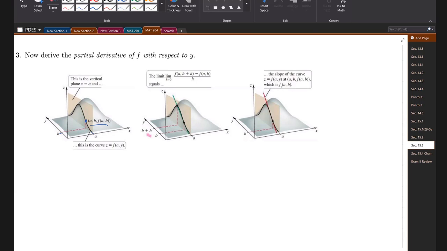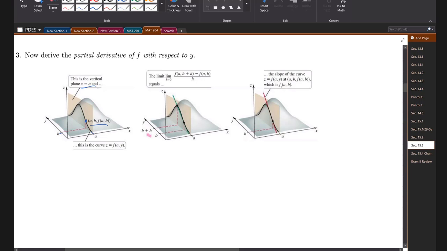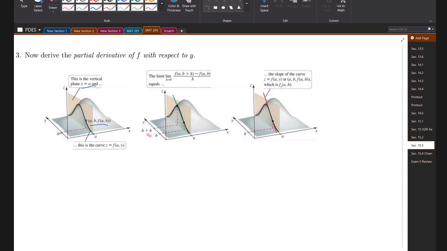So what are we going to do? To get some sort of meaningful interpretation of that, we're going to intersect this with the plane where x equals a. Now, when we look at the intersection of the plane x equals a and our surface, we've got a curve in the yz plane.